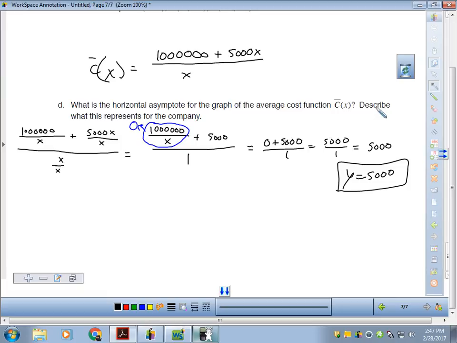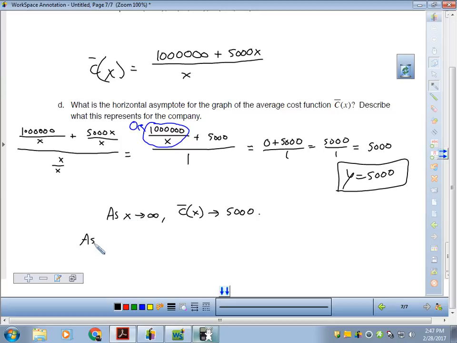Now, let's describe what this represents for the company. Remember that horizontal asymptotes represent end behavior. So what we're saying is, as x goes to infinity, c bar of x is going to get closer to 5,000. Now, what does that mean for the company, though? This is just a math statement. What does that really mean for the company? Well, x represents robotic systems.